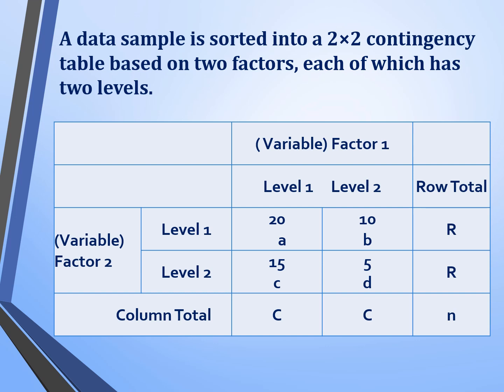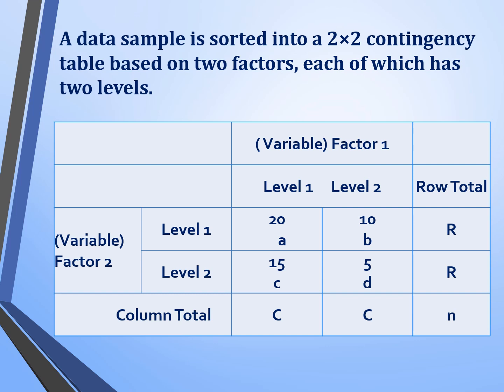So for this 2x2 contingency table, or we can call it also 4-cell table because it has 4 cells, A, B, C, and D, we are going to find the column totals, C, and the row totals, R, and the grand total or the sample size, N. Then we are going to find the expected number, E, of observations for each cell based on the assumption that the two factors are independent, by using the formula of the expected, which is the expected equals row total multiplied by column total divided by N, or the grand total.